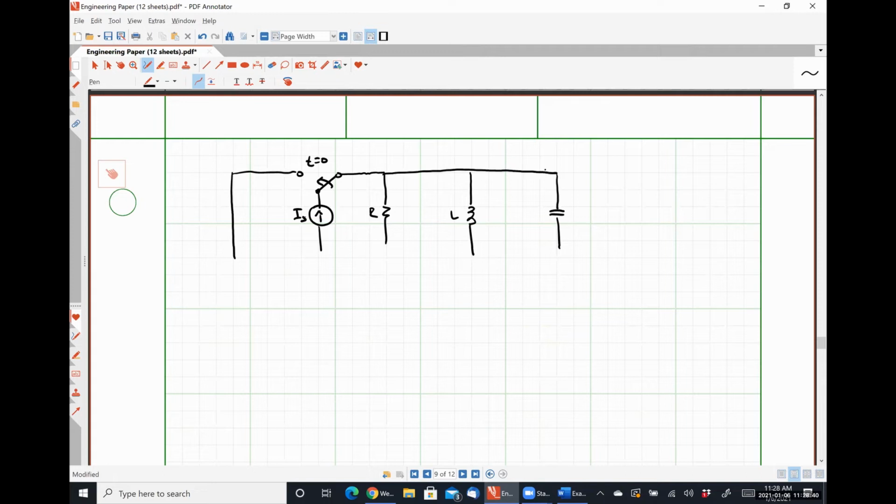R, L, and C. Where this is IR, this guy is IL, this guy is IC, and this is our common voltage.